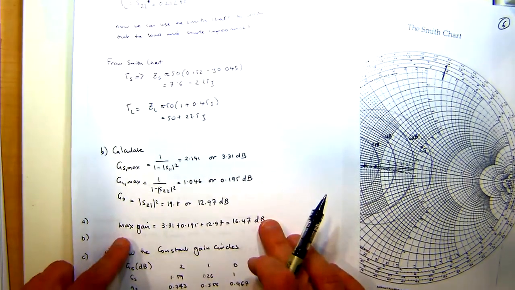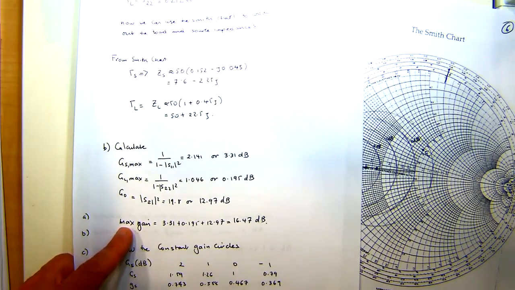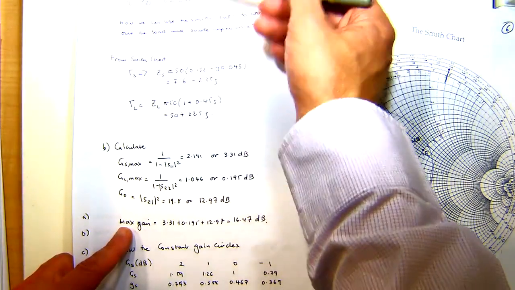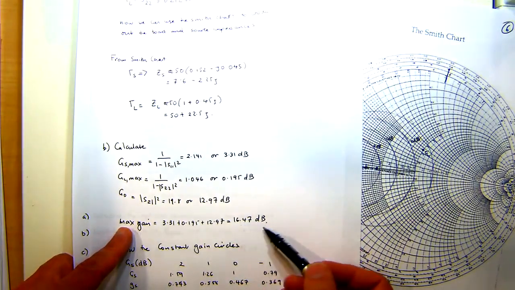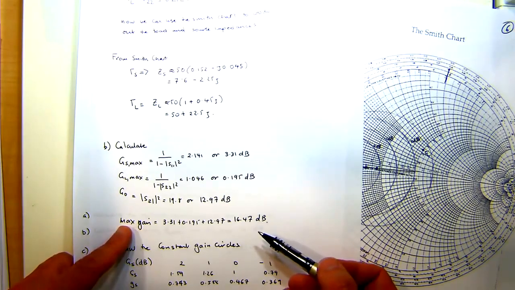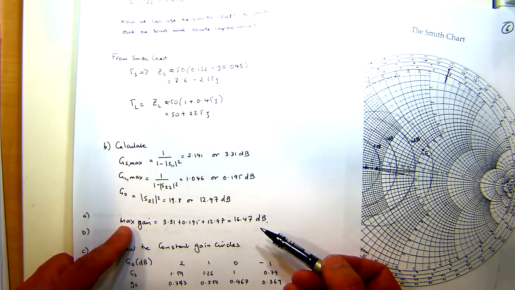We can say that the maximum gain of this amplifier, if we designed the matching network as we've just described, would be 16.47 dB, which isn't bad for a single stage transistor, right? Getting 16 dB gain is pretty good, right?